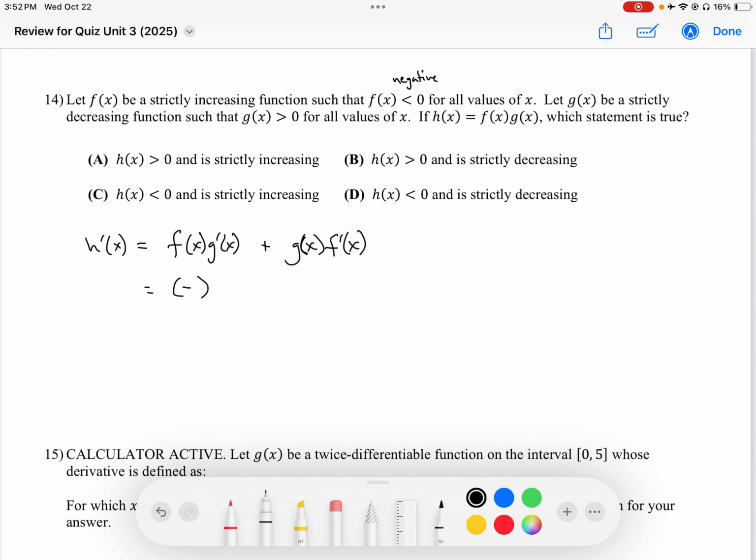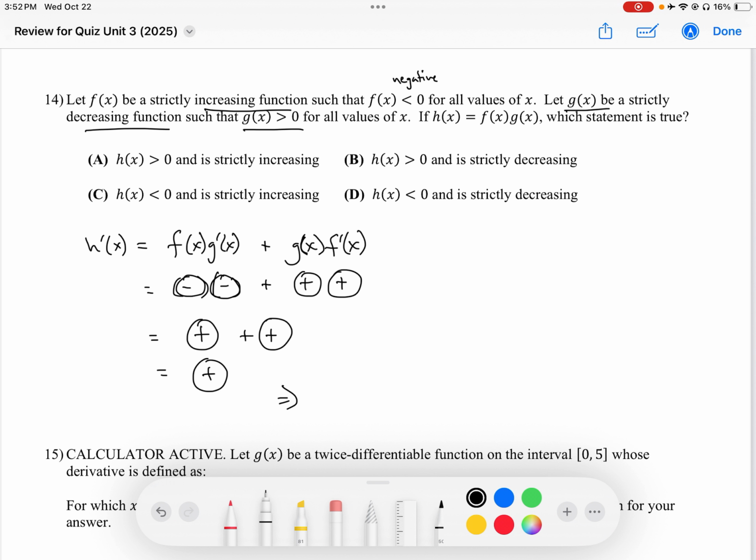We know that g prime is also negative because g is strictly decreasing. We know that g is positive, and we know that f prime is also positive because f is increasing. So h prime is going to be a positive plus a positive, which is a positive.